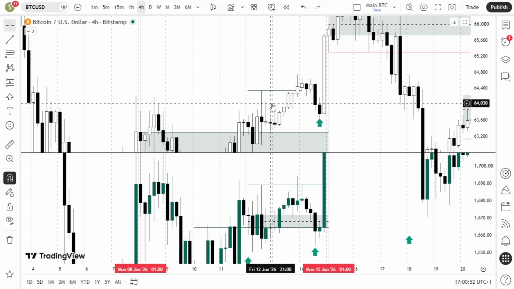Price creates a daily order block. You go to the 4-hour time frame, you observe, and you see that around that area there are 4-hour order blocks overlapping. You can refine your entries using those 4-hour order blocks, and using those 4-hour order blocks you can get specific times or sessions that expansion may occur, and it allows you to better refine your stop loss.